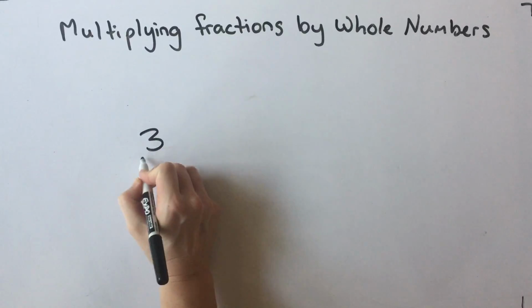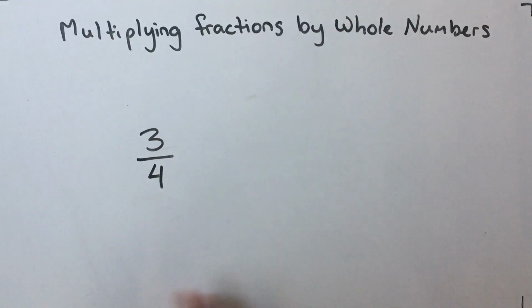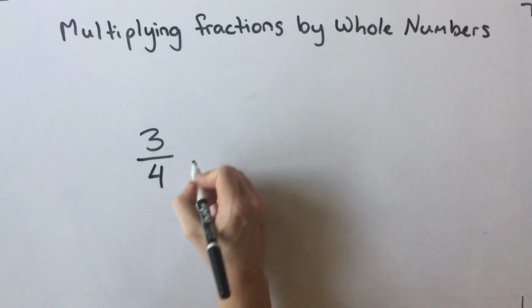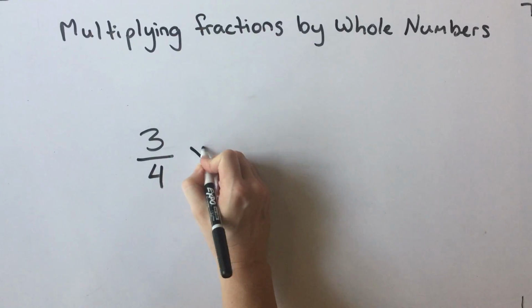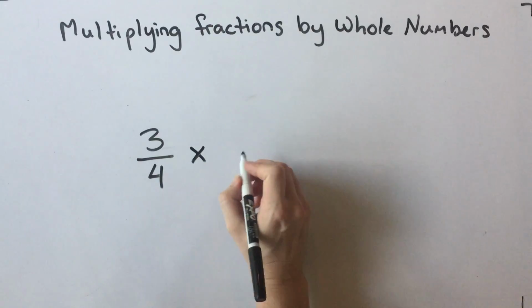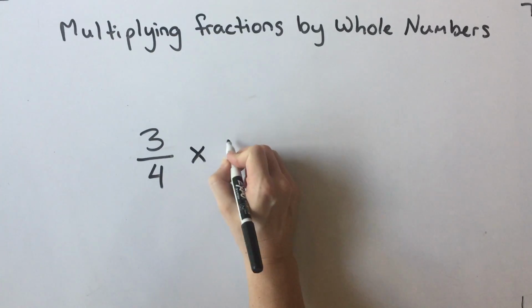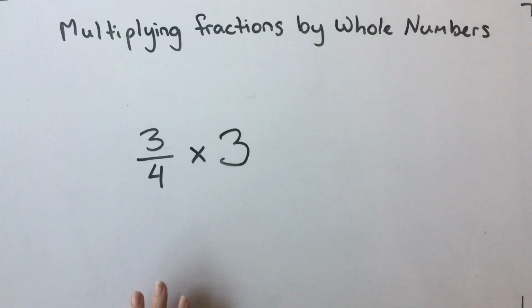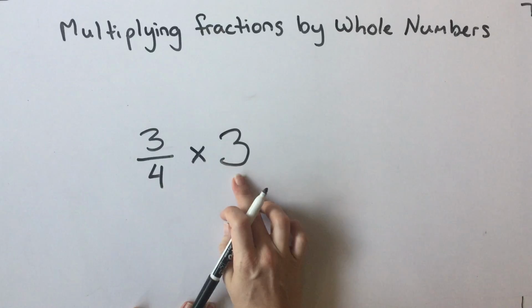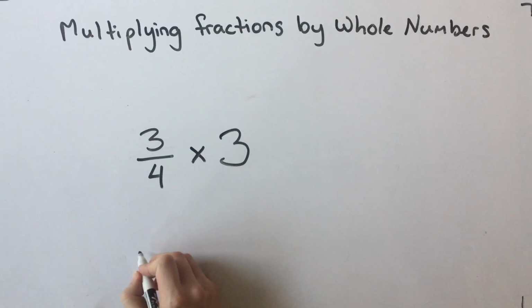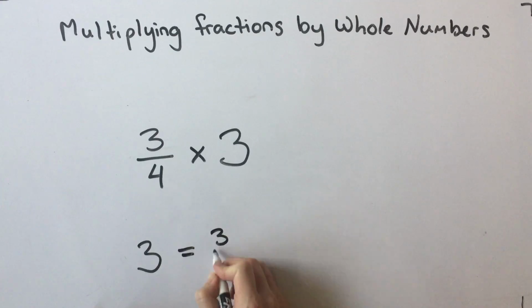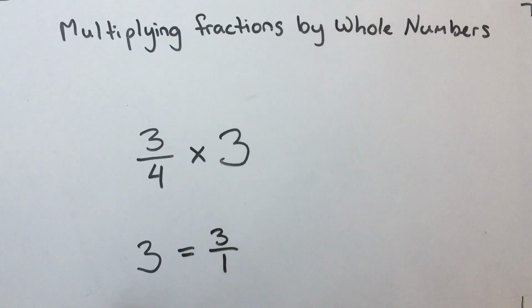So we're going to look at the fraction 3/4. Okay, so to multiply a fraction by a whole number, let's pull out a whole number. So 3/4 times, we're going to do a really easy one, 3/4 by 3. All right, so remember that any whole number, we can imagine that whole number is the same thing as 3/1.